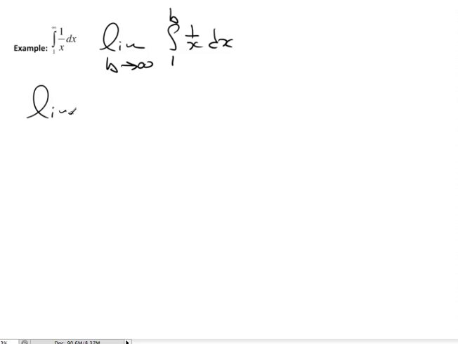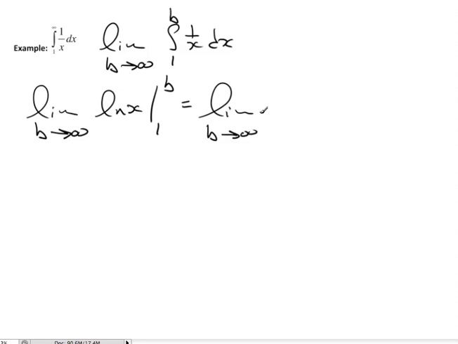So I need the limit as b goes to infinity of the integral of 1 over x, which is ln x. So this would be ln x evaluated from 1 to b, which equals the limit as b goes to infinity of ln b minus ln 1.